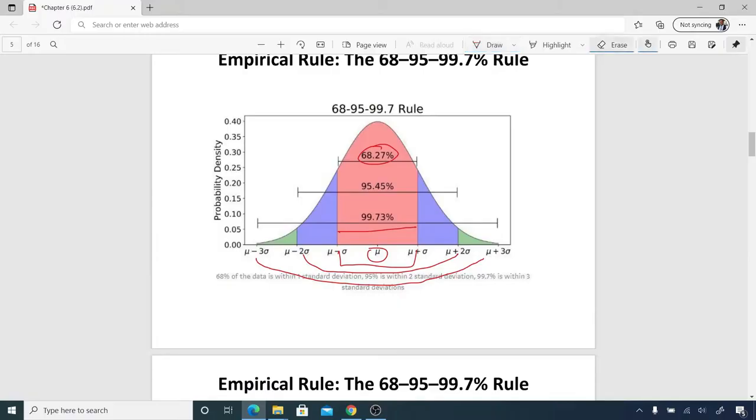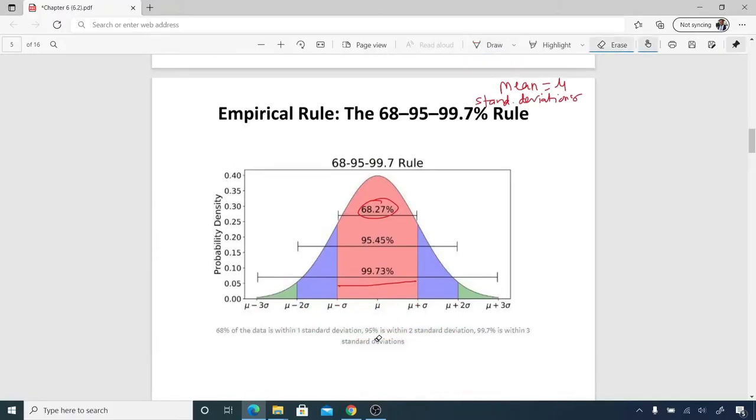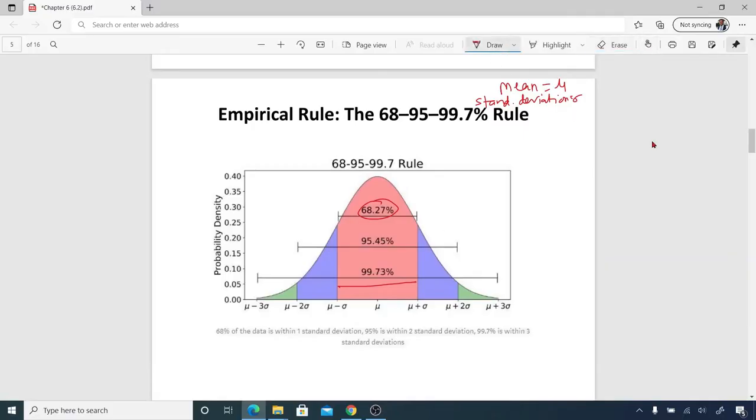Just to clarify here, suppose the mean mu equals 50 and the standard deviation is 10. So this is 50. Now 50 minus 10 is 40, and 50 plus 10 is 60.